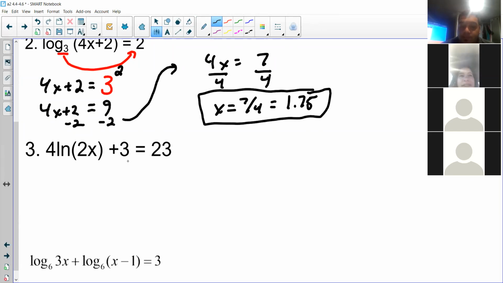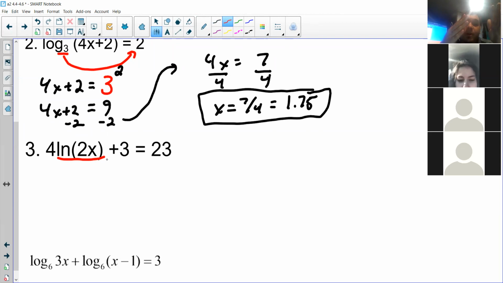All right. Now first, before I can do that trick of bringing the base of the log to the other side, what we need to do is get the log by itself. We need one single log by itself. So in order to do that, we have to get it isolated.